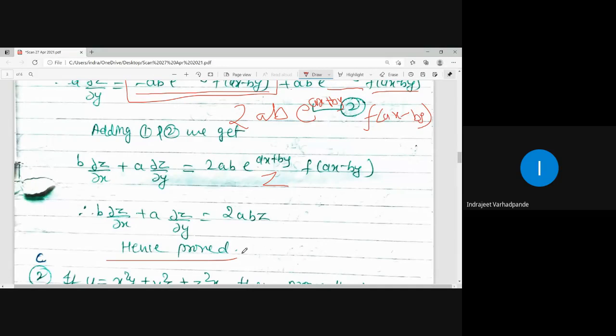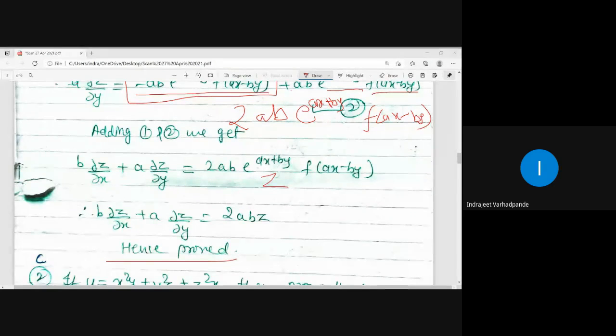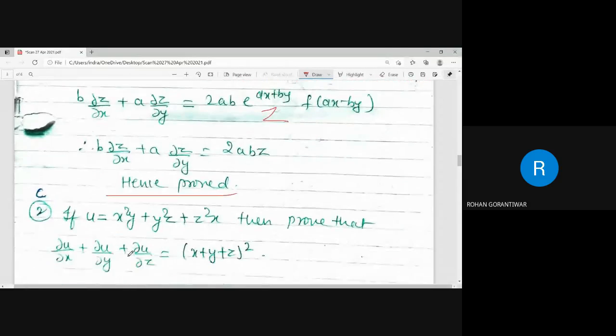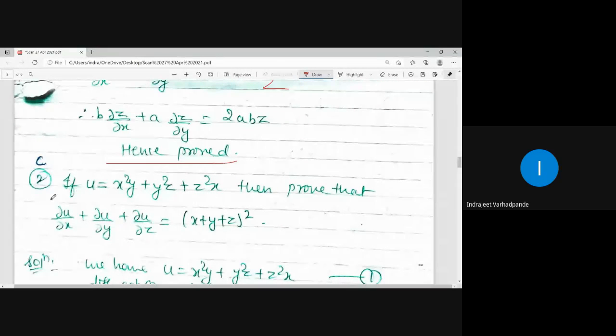I hope everybody is now familiar with how we calculate the partial derivatives one after the other, and as per the given result, we try to get the answer. Note down the next.